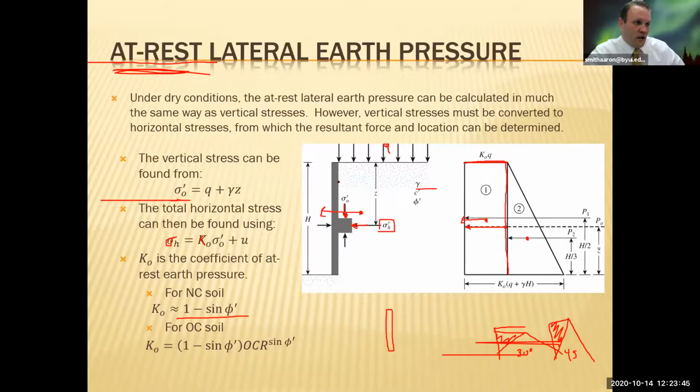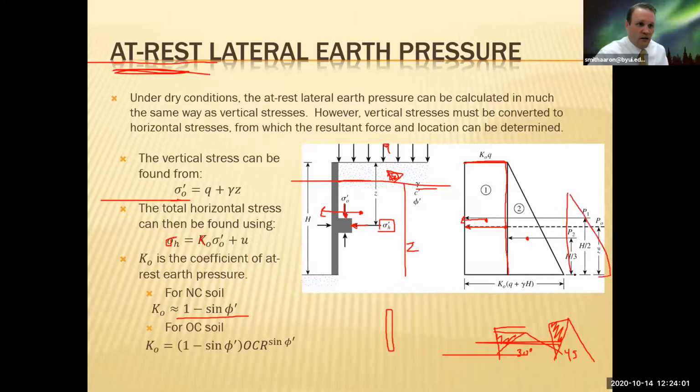What if there was a water table on this soil right here? That would add water pressure. Whatever depth of water you had, it would be that times 62.4, and you'd add a whole other triangle of water pressure. We're going to get into that probably next week, but that's what saturation does. Your K stays the same, but water adds a significant load.